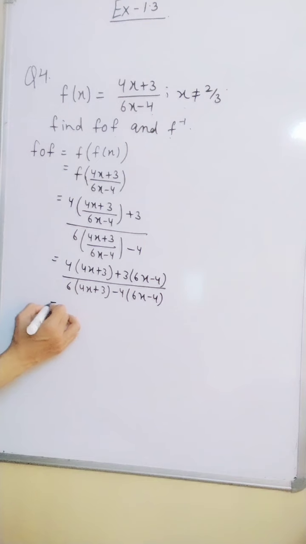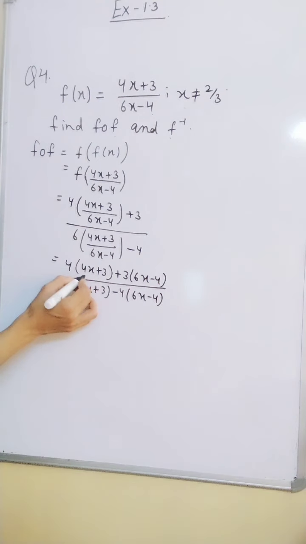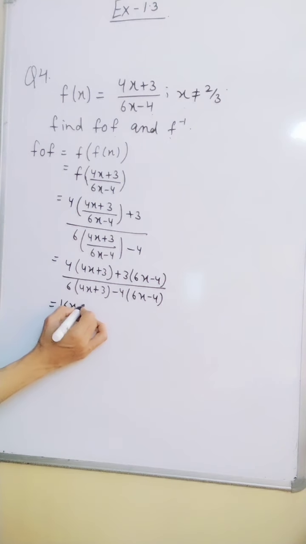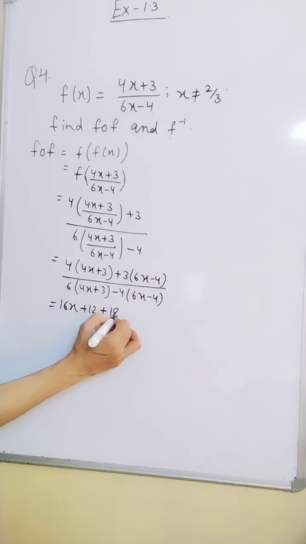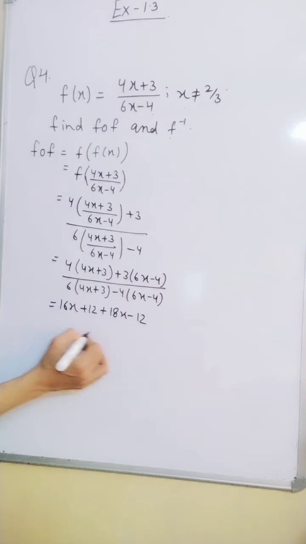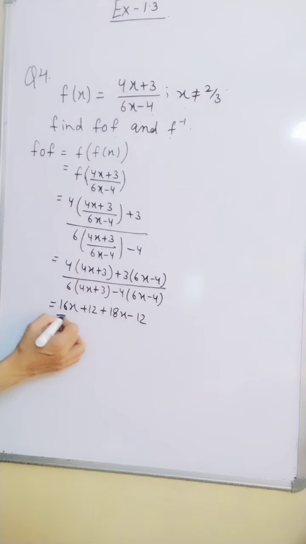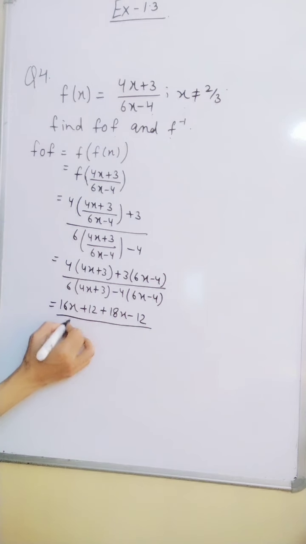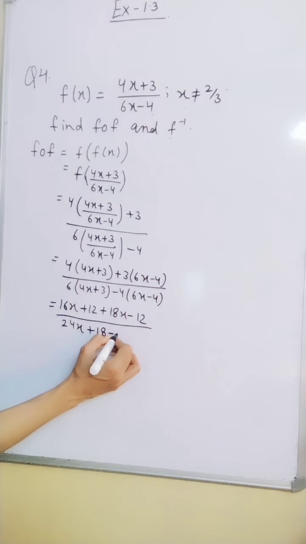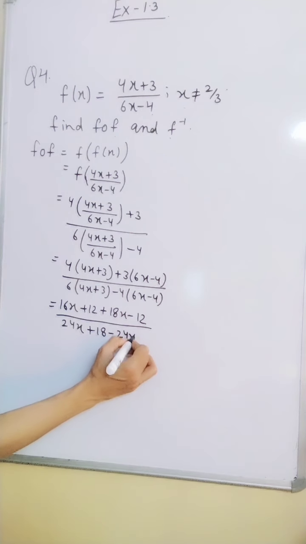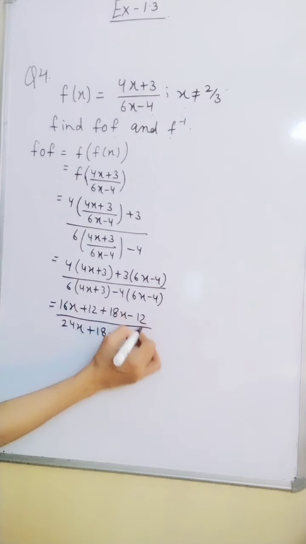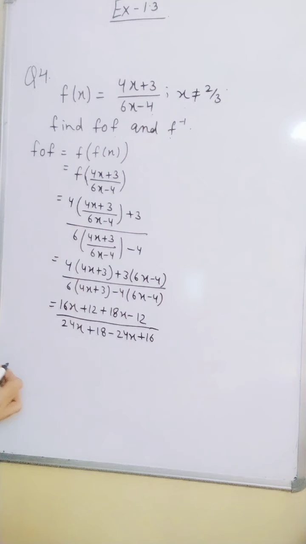Clear? So now when we multiply it, we will get (16x + 12 + 18x - 12)/(24x + 18 - 24x + 16), right?